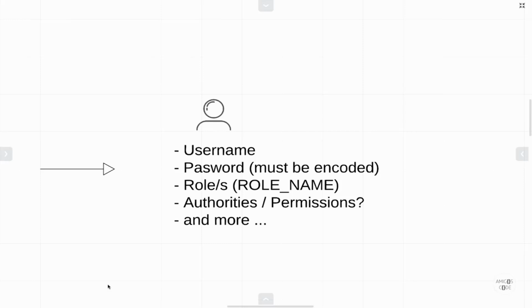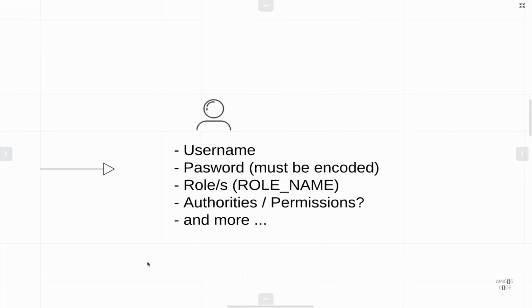Alright, it's time for us to learn about roles and authorities, or simply permissions. I think permissions is a better way instead of using authorities. A role is simply a high-level view of all the users that you have in your system. The idea is that for a specific user, you assign a role.